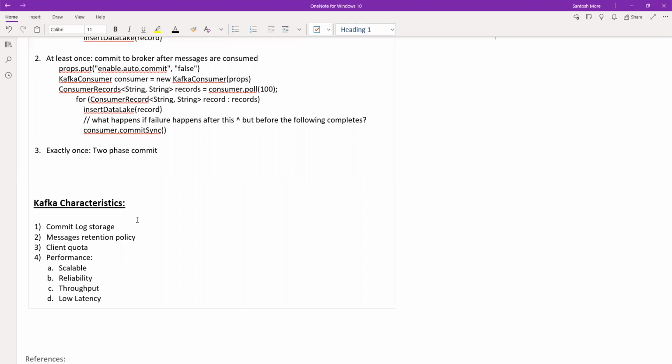If you write to disk sequentially, compared to random block access, because most of the data is written in blocks on a disk, and we align all our messages in a sequence and keep appending block-wise, that is much faster. It's almost 1,000 times faster than random block access, and that is why Kafka uses that way.